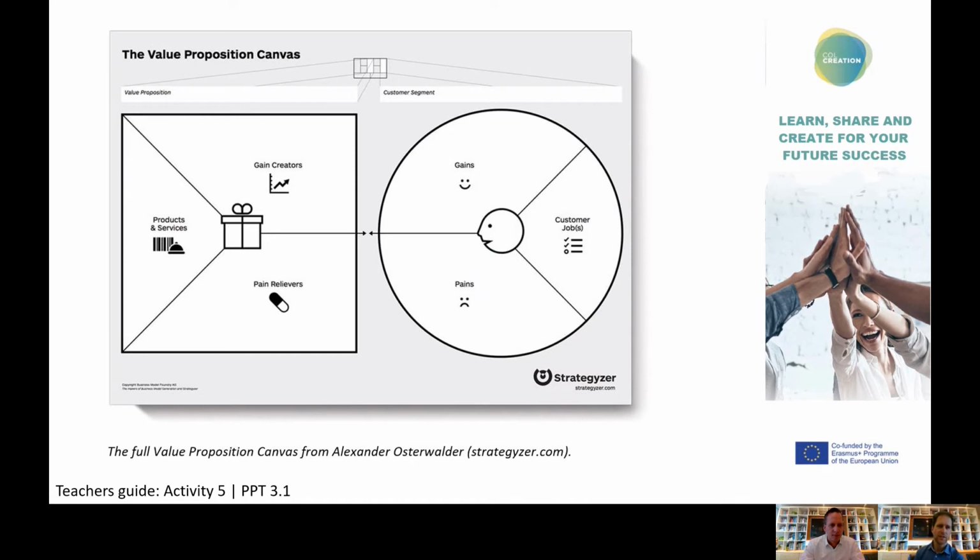So what we have here is the value proposition canvas. In short, we're just looking on the right side, the circle where we have been looking for the needs of the customer, what they really wanted. And we did this in the first steps where we did some interviews and some analyzing and discovery phase.